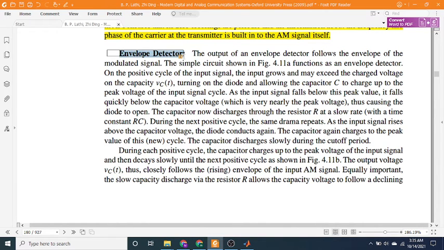Envelope detector. The output of an envelope detector follows the envelope of the modulated signal. The simple circuit shown in Fig. 4.11a functions as an envelope detector.